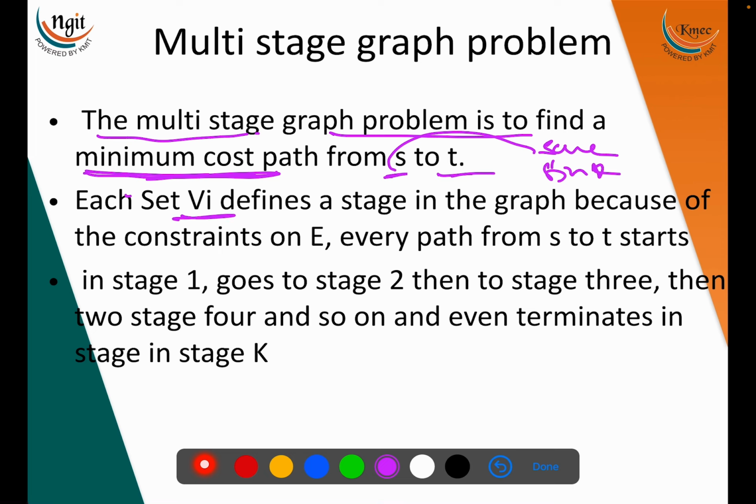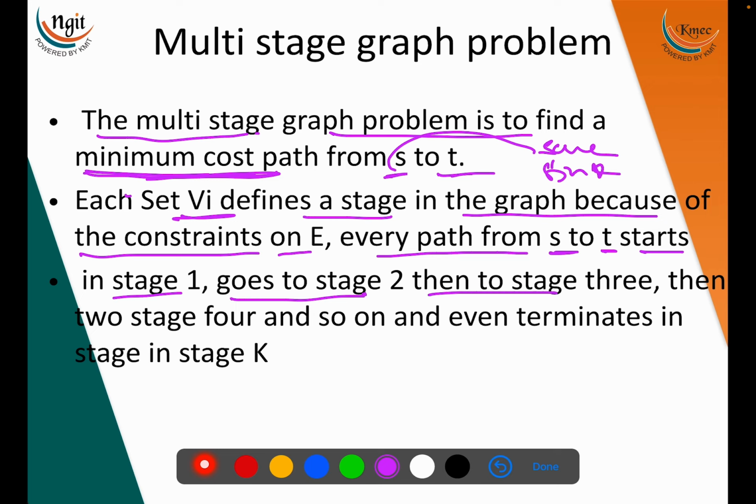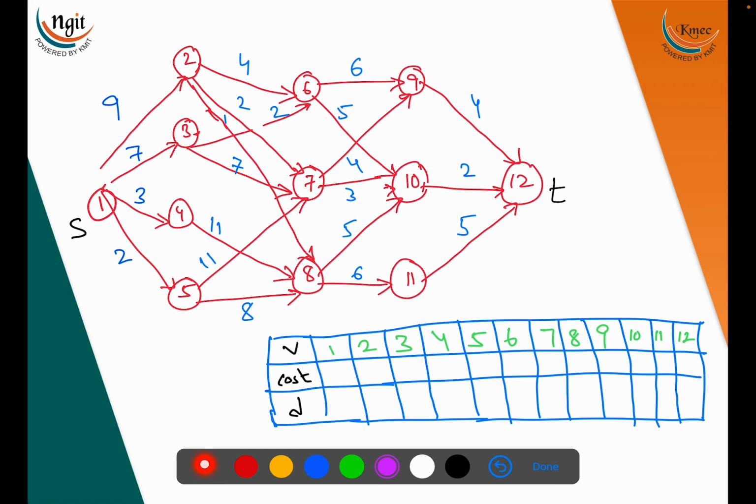Each set Vi defines a stage in the graph because of the constraints on E. Every path from S to T starts in stage 1, goes to stage 2, then to stage 3, then to stage 4, and so on till stage K. So minimum cost will get calculated by moving from stage 1 to the other stages. So this is the procedure to find out the cost. But we should know how to find the cost, right? So we'll write one formula for how to find the cost of our graph. So finding the cost of a graph is what?